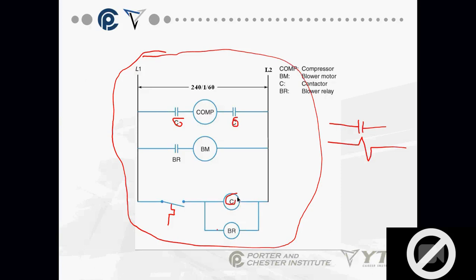This coil, which is down here, it's not the right symbol for a coil, but it's a coil. This generates a magnetic field. That magnetic field physically closes a switch, basically closes the light switch, or set of contacts, and that's how it energizes this.